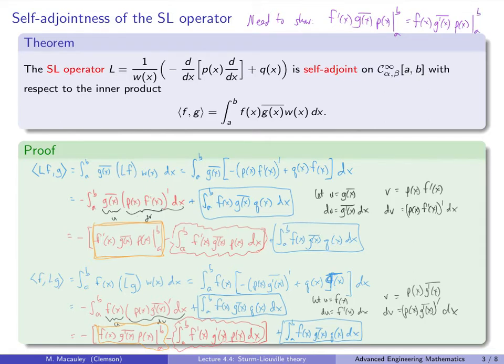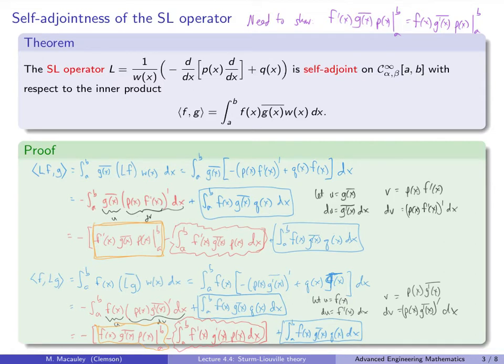So the only difference here is, here we have f prime and g bar, and here we have f times g prime bar. And what I haven't written up, but maybe I should, is what these boundary conditions are.